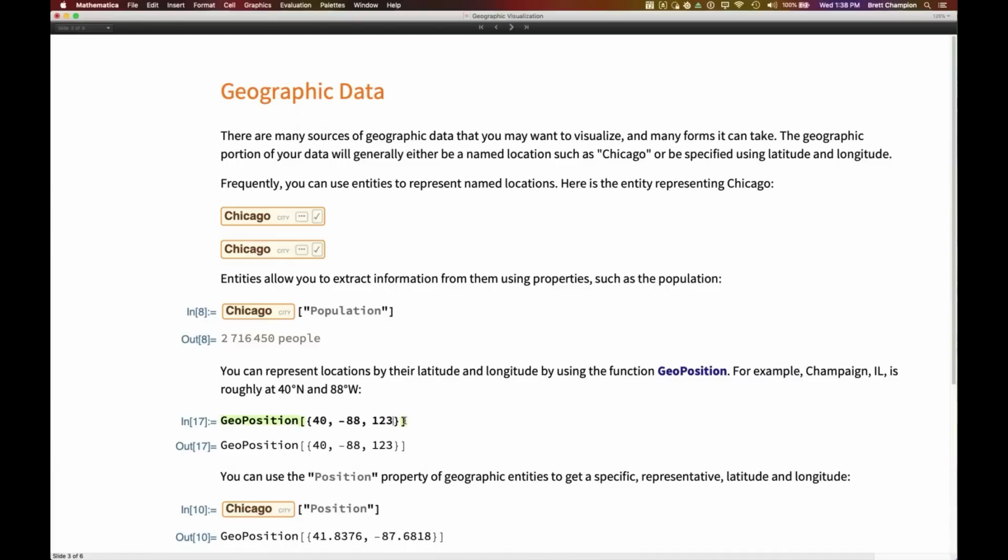This can even be time-stamped, although I'm not going to try to input that by hand at the moment. It does arise occasionally, especially if you get position information for satellites. Then you get geopositions with high elevation and a very specific timestamp on where the space station was at a particular instant.